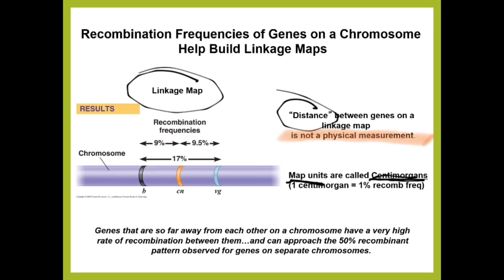I can't measure how many centimorgans it is from my apartment to our classroom. It doesn't work that way. This is all going to be relative distances. And we can use these recombination frequencies to see where on the chromosome genes are relative to the other genes.